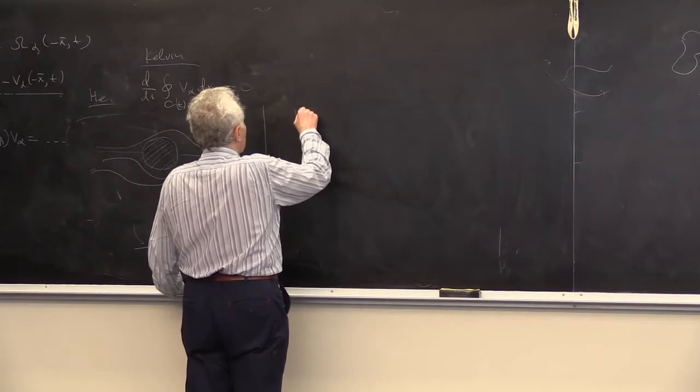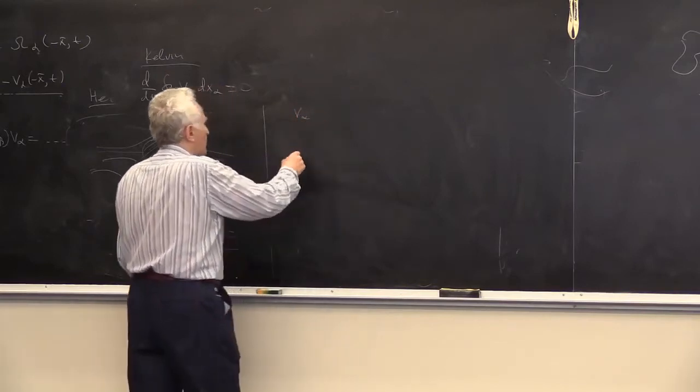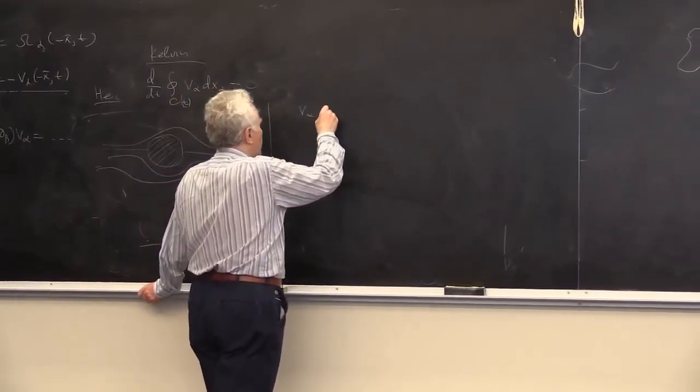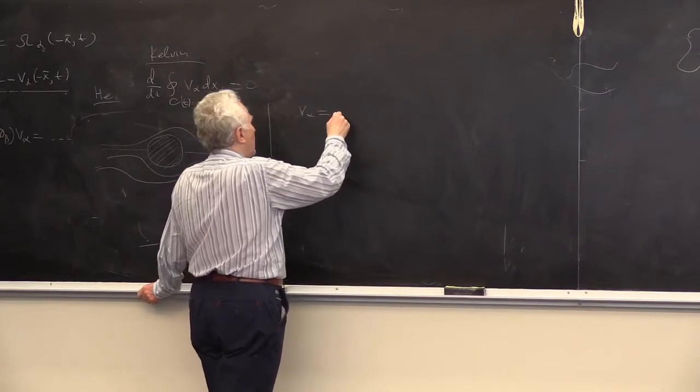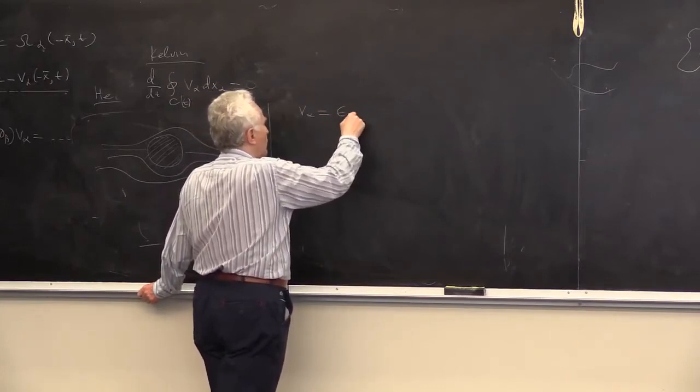So we will be looking for the velocity. We will assume that the flow is incompressible, and we can actually write down the v alpha in two ways.